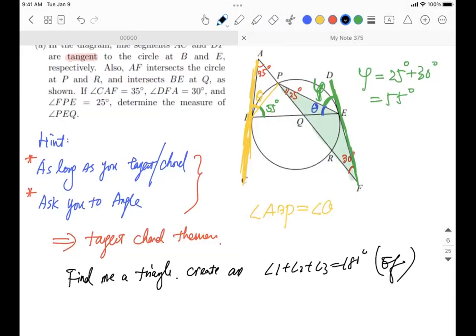I see Toki already has the correct answer. What about the other students? Please all get involved in our discussion.